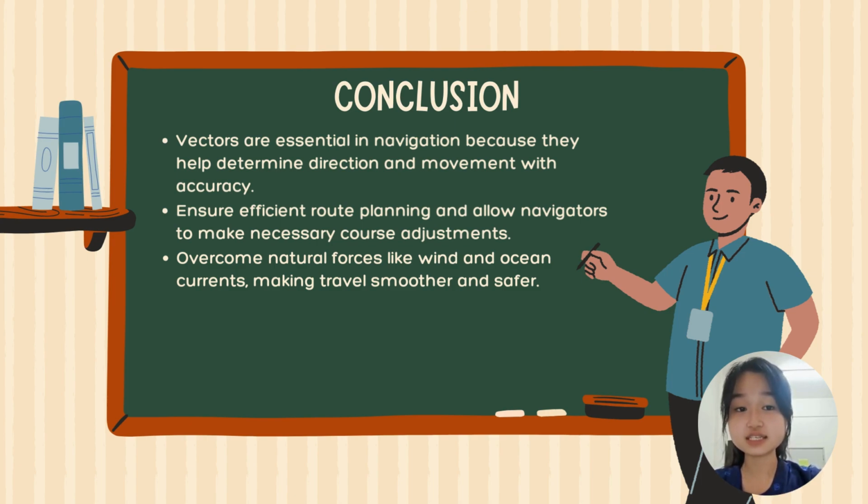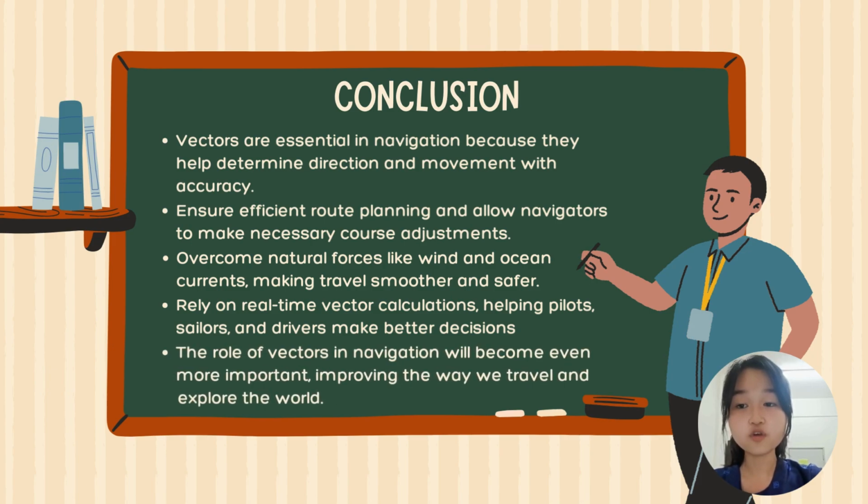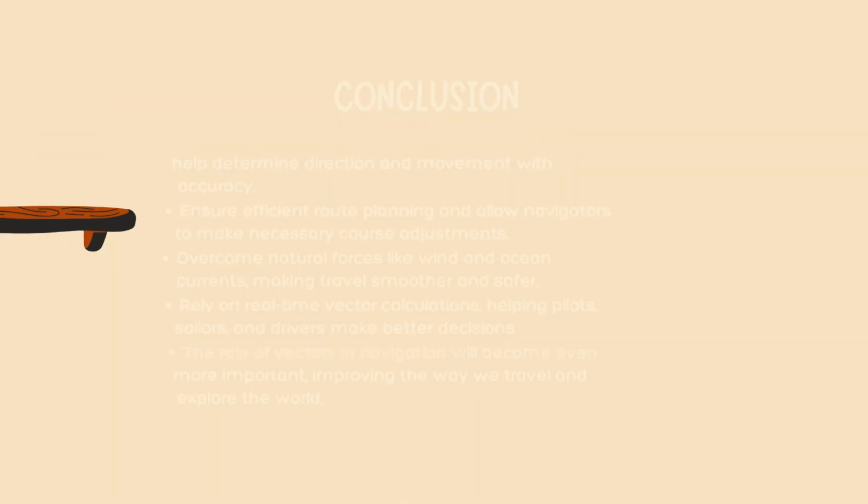Today's navigation systems rely on real-time vector calculation, helping pilots, sailors, and drivers make better decisions. As technology continues to advance, the role of vectors in navigation will become even more important, improving the way we travel and explore the world.